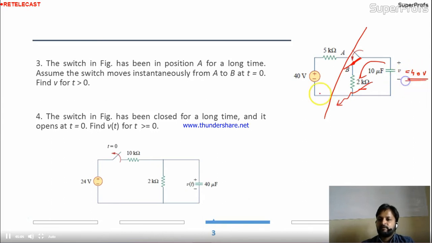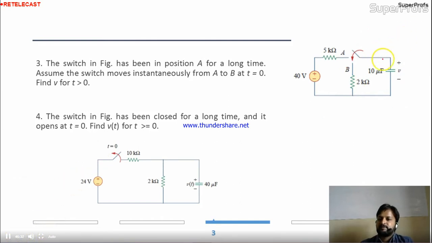This 40 volt will be drained to the 2K. And remember, this is the RC source free circuit. In a source free circuit, at infinity the voltage will be 0. Means at infinity, will any voltage exist on the capacitor? Whatever stored voltage it has, it will be drained. So at V infinity, the voltage is 0. Now, what about the time constant? The time constant will be seen over here.